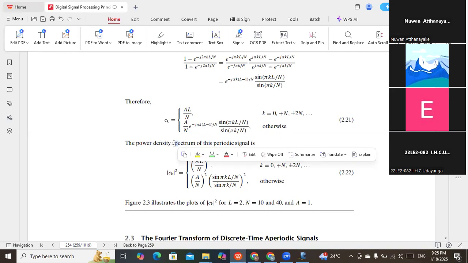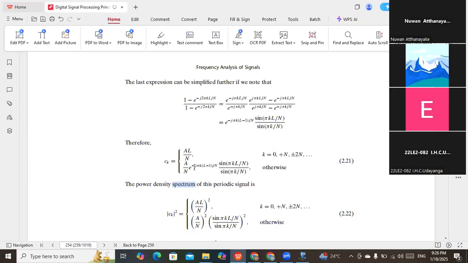Spectrum is the frequency domain signal. The time domain signal is normally referred to as the waveform, and the frequency domain signal is normally referred to as the spectrum. So this will be the power density spectrum. Were you able to get this answer?